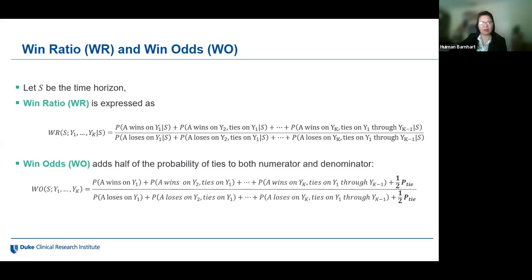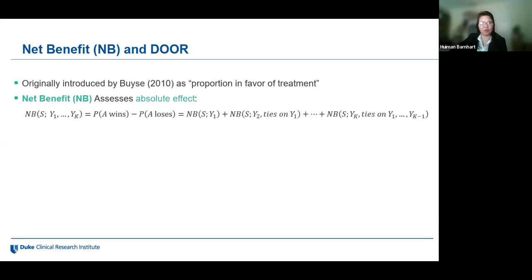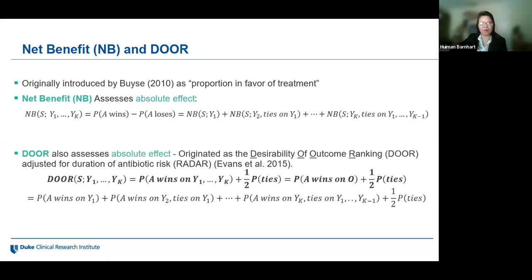There are other measures also proposed, called the net benefit. For the net benefit, rather than taking the ratio, you basically take the difference between the probability of win and the probability of loss. And the DOR is called the desirability of outcomes ranking. It's basically just the probability of win plus half of the probability of ties.